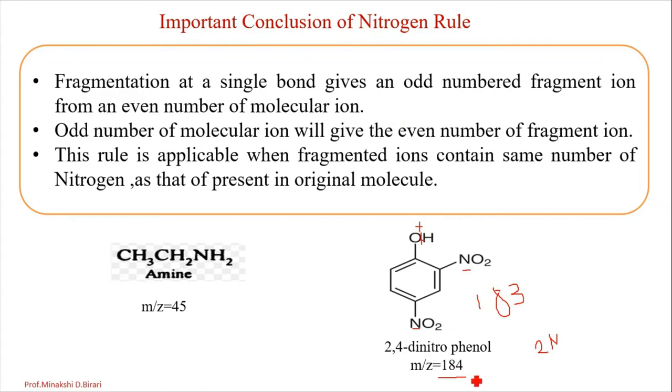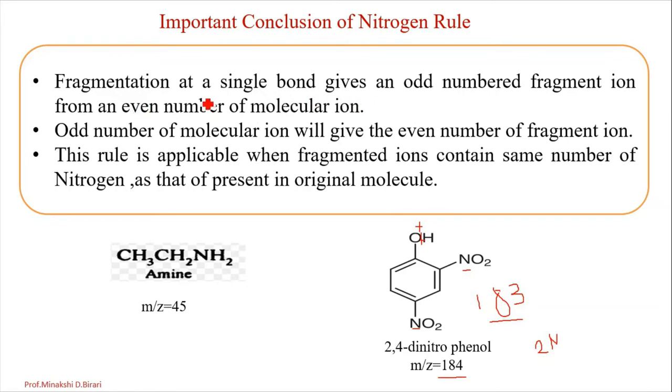The molecular ion peak is observed at the even value 184, but on further fragmentation the fragment ion peak is observed at m/z 183. But the number of nitrogens present in both is two. So this will be the first important conclusion.